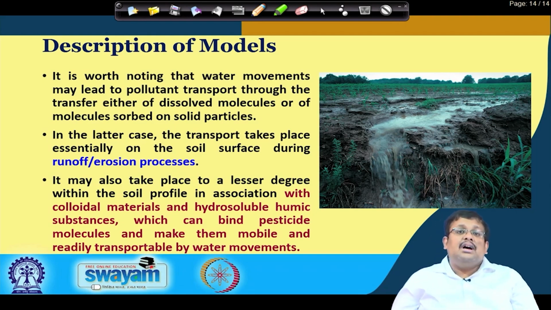We have talked about how these pollutants move in the water, either dissolved in the water or sorbed onto the solid particles. We have shown the runoff and erosion process through which this water moves from one place to another.